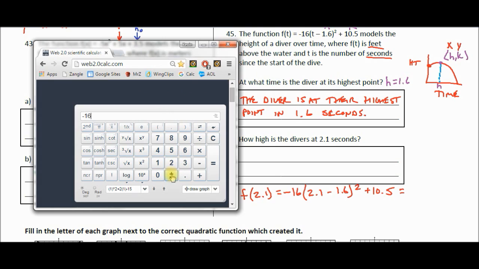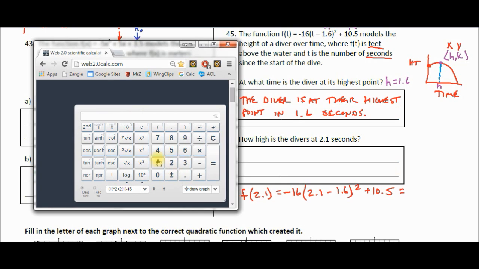We've got negative 16 times 2.1 minus 1.6, close parentheses. We already have a closed parenthesis. I don't know why it put a parenthesis there.